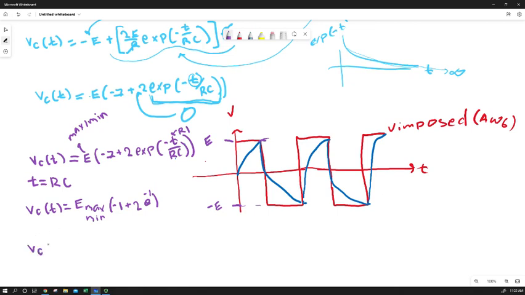So my measured voltage, which I can take right off of the Y scale of whatever my blue scale is on my oscilloscope plot, is equal to my E, just call it E max at this point, times -1 plus 2 times 0.3678, and so on. And this will give me a number which is relative to my maximum, and it's going to be a negative number.